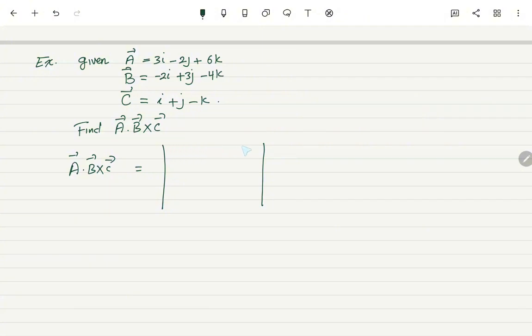The first row is the components for the first vector, which in this case is 3, minus 2, minus 6. The second row is the components for the second vector, which is minus 2, 3, and minus 4. And the last one is 1, 1, minus 1.